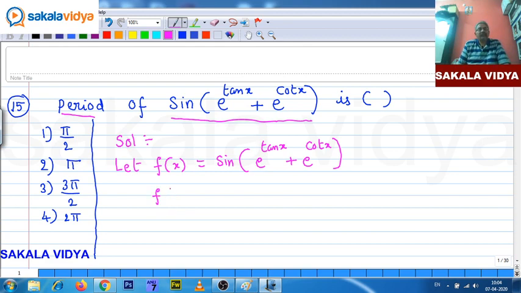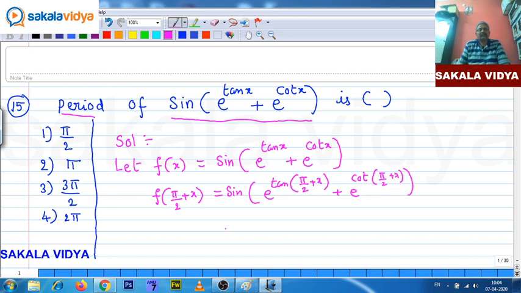Let us do it. F of pi by 2 plus x. First let us take least value of all the options. So sine of, so this can be written e power tan of pi by 2 plus x plus e power cot of pi by 2 plus x.